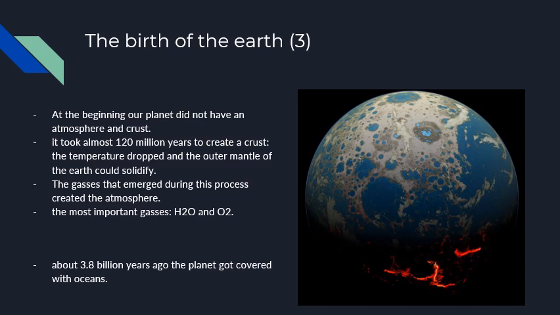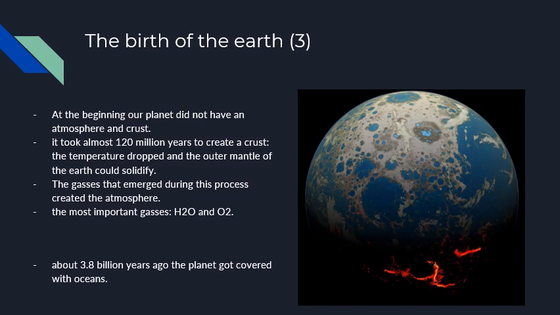As I just told you, we do need an atmosphere, because without an atmosphere there won't be any possibility for us to live. And very important, of course, it created water, and water was the main ingredient of our planet for getting life.